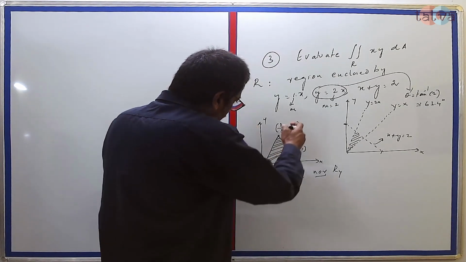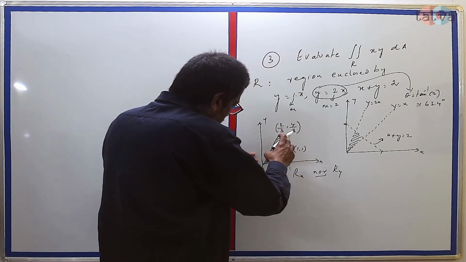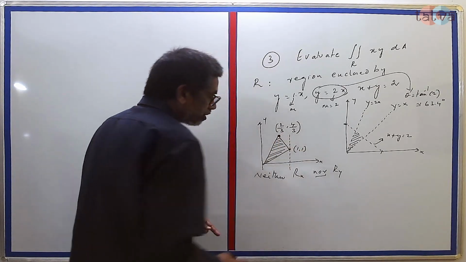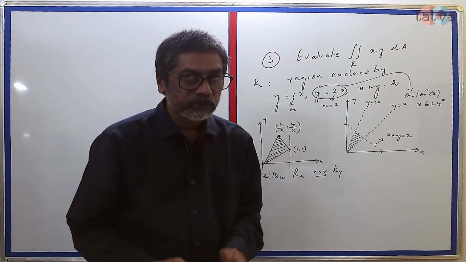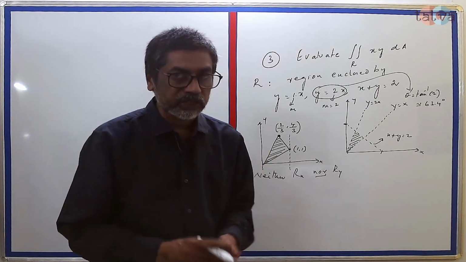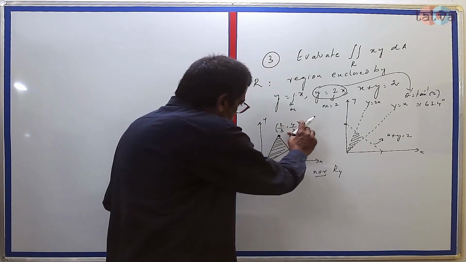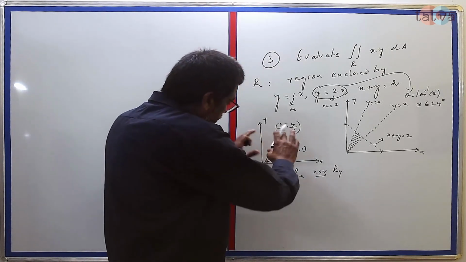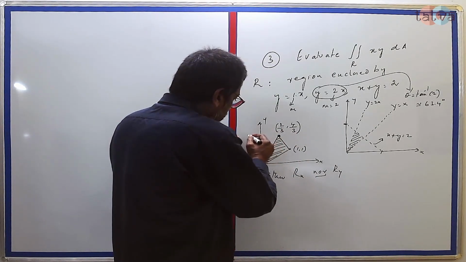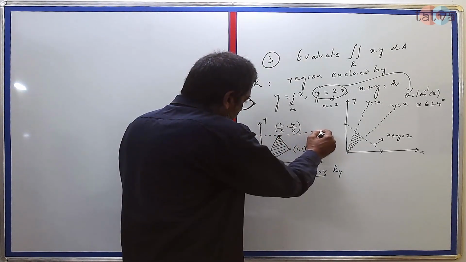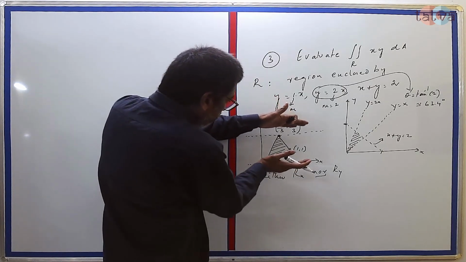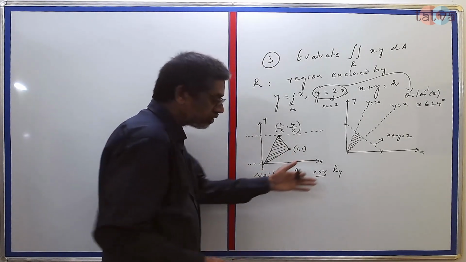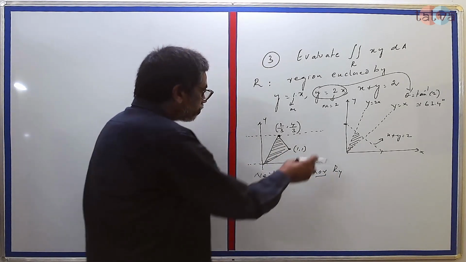So this line and this line does enclose this region, but between them there is one prohibited intersection that is not allowed by the definition of Rx. Between the extreme vertical lines, there must be no intersections, which means that it's not Rx. Is it Ry? Let us see the same region between horizontal lines drawn at the extreme points. The story is the same. Between these two horizontals, there must be no intersection, but there is, which means that it is not even Ry. So, what do we do?